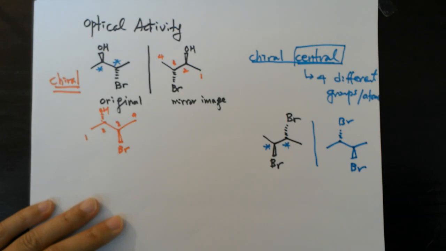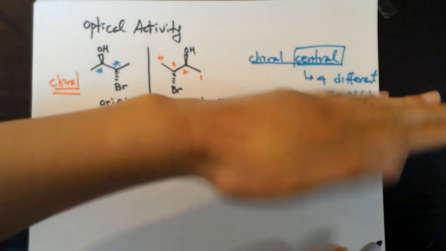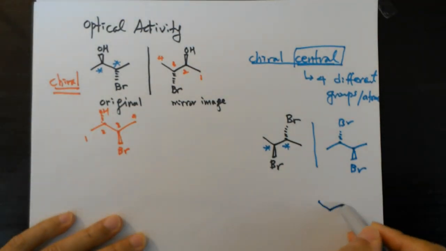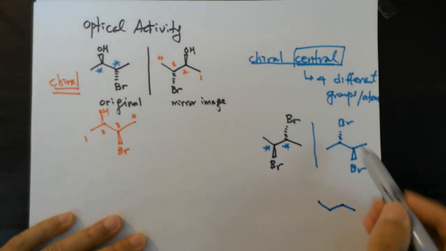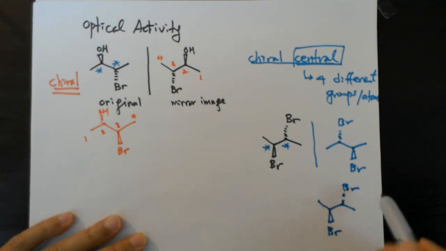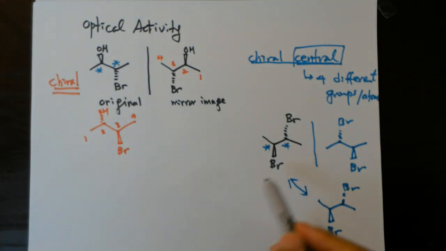And then by flipping it this way, you get this, and then the Br comes here and goes out, and this Br comes here and now goes in. When you compare these two, they're exactly the same, so this molecule is not chiral.